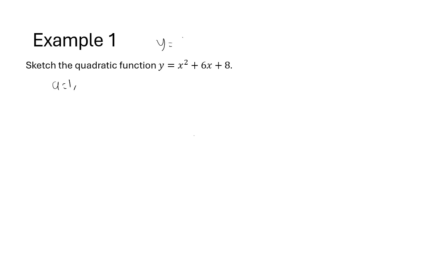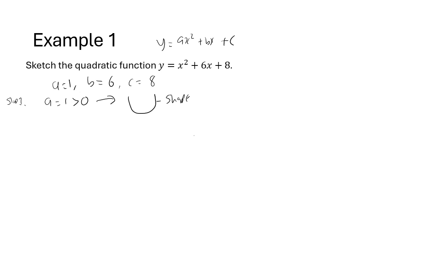Remember, y equals ax squared plus bx plus c. So a is 1, b is 6, and c is equal to 8. Our first step is to see if a is greater than or less than 0. So step 1 is done. a is equal to 1 and is greater than 0, so we know we have a U shape.